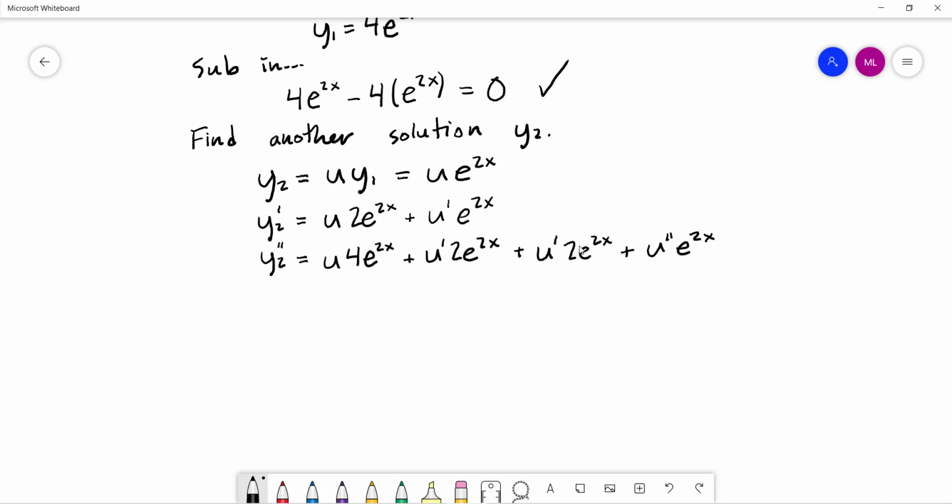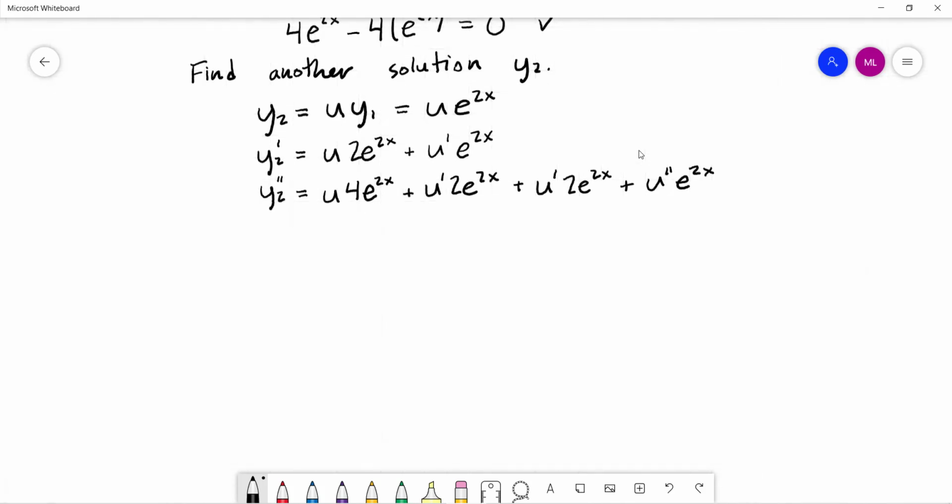And as before, we'll be able to combine those two terms together and rewrite this as u times 4e to the 2x. This one is going to be u prime times 4e to the 2x, because I've combined this 2 and this 2 into 4, plus u double prime e to the 2x.